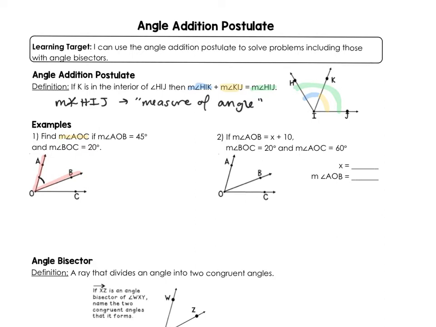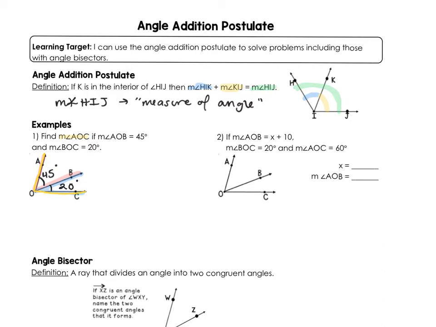I'm going to label it in my picture. This is 45 degrees. And I know the measurement of angle BOC, this bottom guy, that one is 20 degrees. So I'll label that in my picture as well. I'm trying to find the measure of angle AOC. AOC is the whole angle.